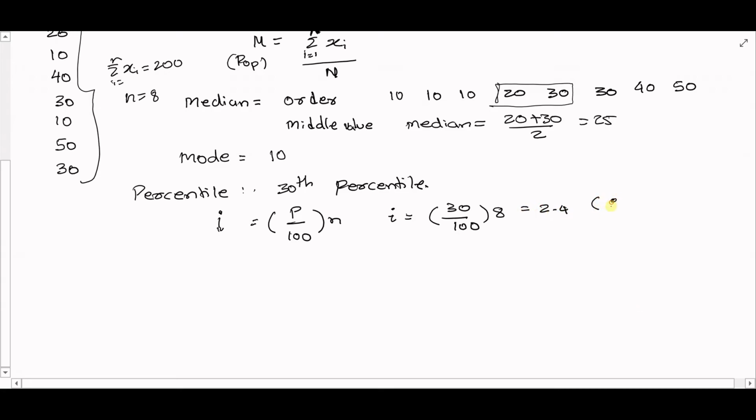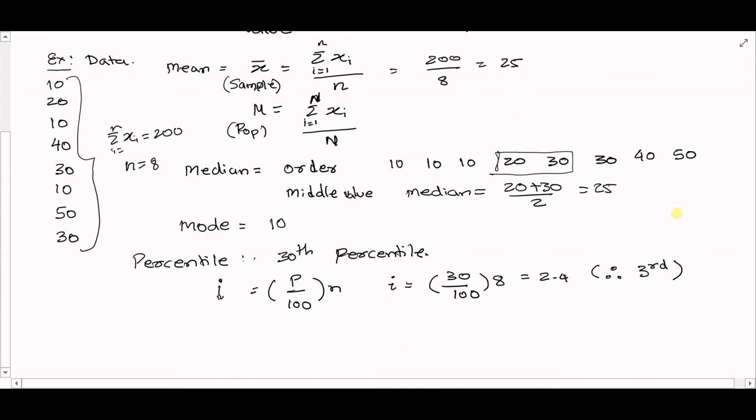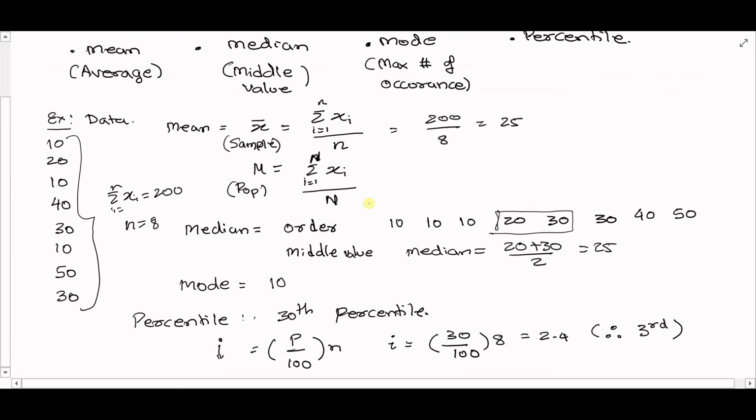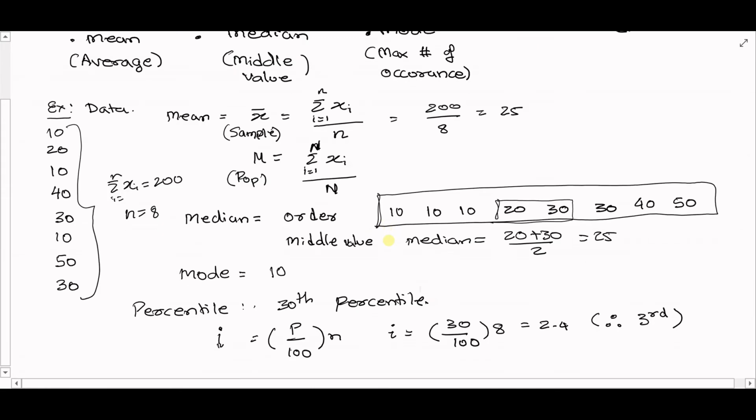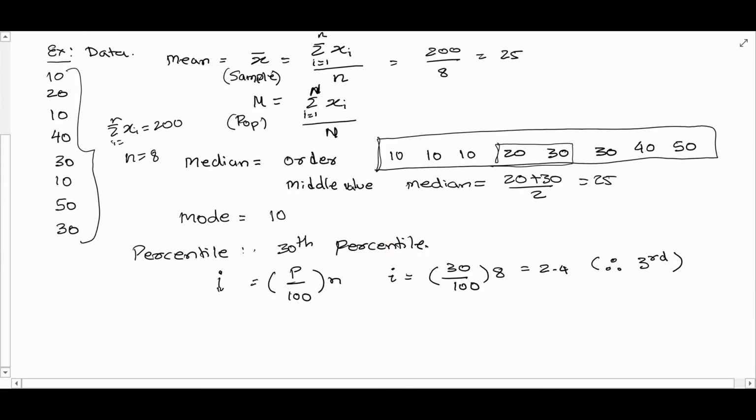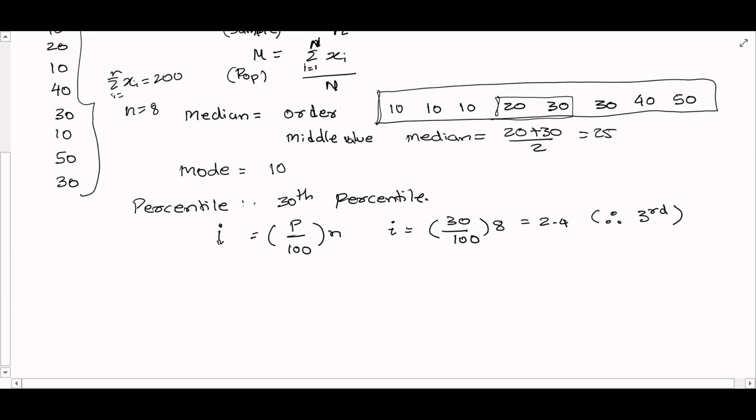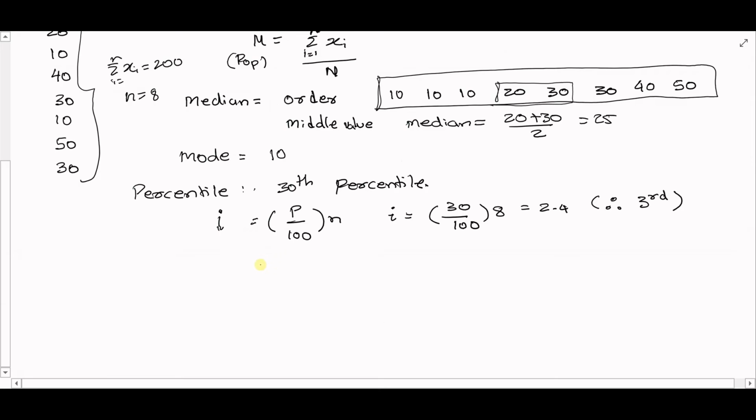So that basically means that the 30th percentile is the third number in this data set, which is ordered in ascending order. So notice we have already ordered the data set in ascending order, and the third number in this ordered data set is your 30th percentile. So your 30th percentile in this data set is the third number, which is 10.